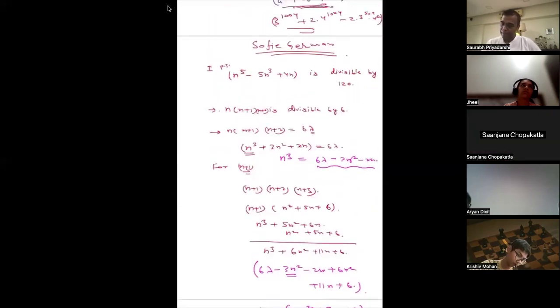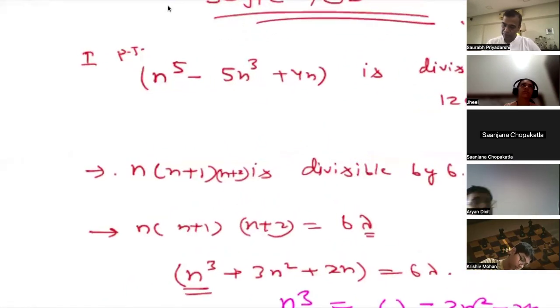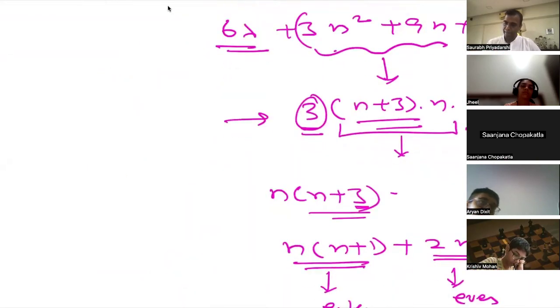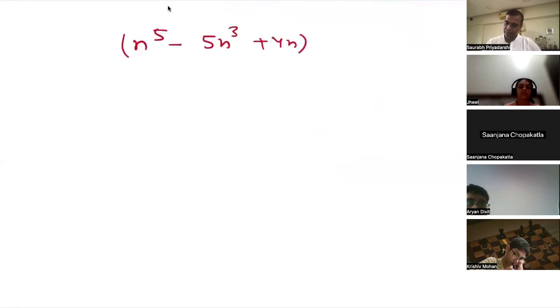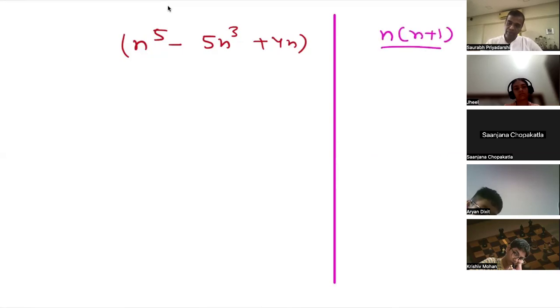So what can we say in this? The question given, this one. See, the basic concept: we have to understand exactly how numbers work. n plus 1 is divisible by 1 into 2. Can I say this? n plus 1, n plus 2 is always divisible by 1 into 2 into 3.